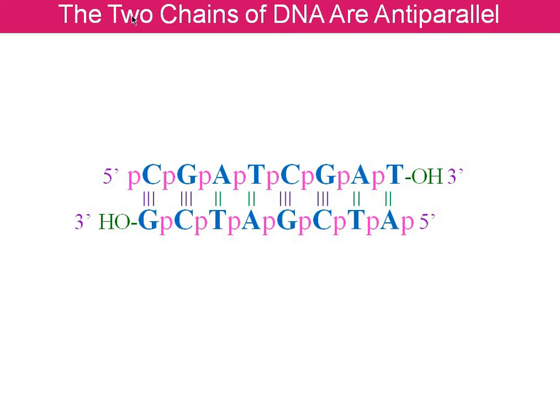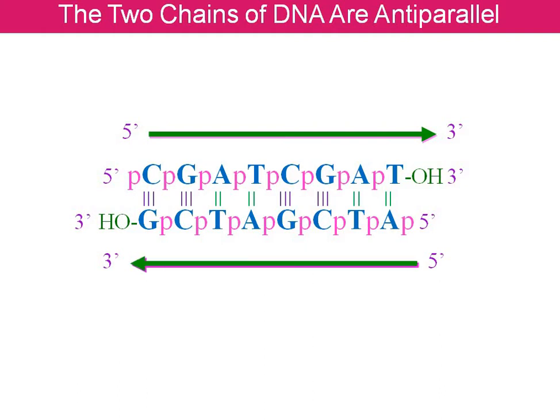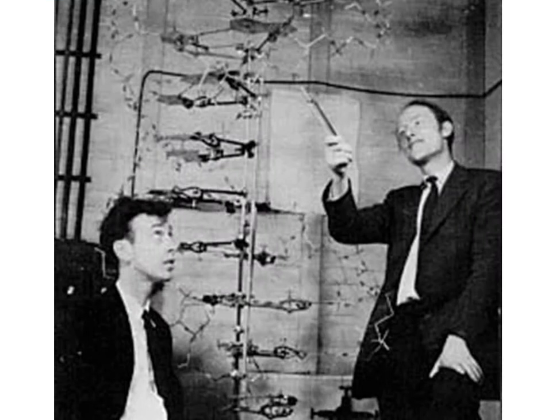In one strand you see the phosphodiester bonds are in the direction 5' to 3', left to right, and in the opposite strand you can see the phosphodiester bond direction, 5' to 3', is from right to left. So this shows that both the strands of nucleic acids are anti-parallel to each other.